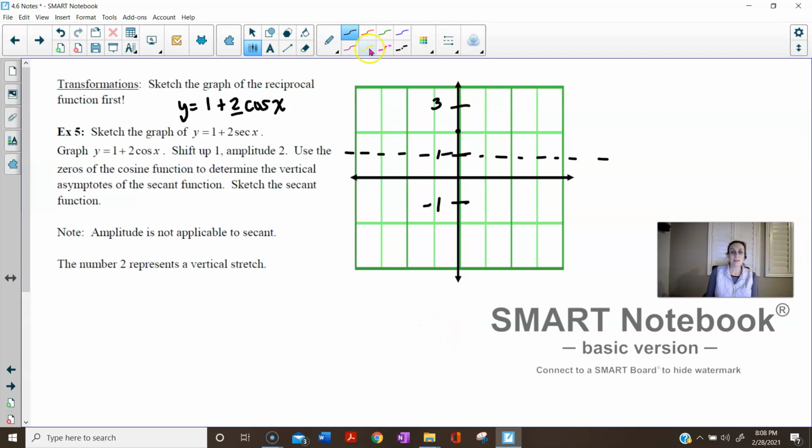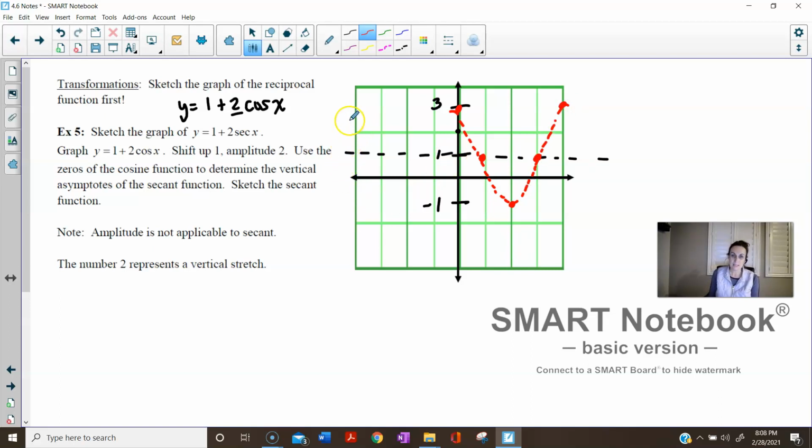So the cosine graph is actually going to start up here at 3, and then it's going to go to the middle, and then it's going to go down to -1, back to the middle, and then up to 3. So this graph is going to go down, down, up, up.